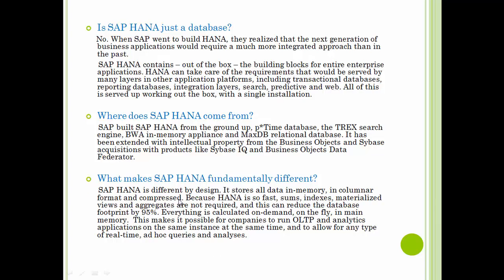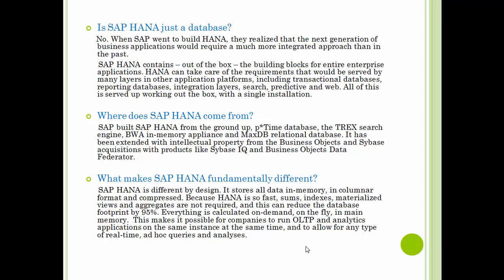And next is what makes SAP HANA fundamentally different. See, SAP HANA is different by design itself. As explained, it stores all data in memory in columnar format and compressed as well. Because of which HANA is so fast, sums, indexes, materialized views, and aggregates are not required at all. And this can reduce the database footprint by 95%, is what is proved. And everything is calculated on demand, on the fly, in main memory itself.